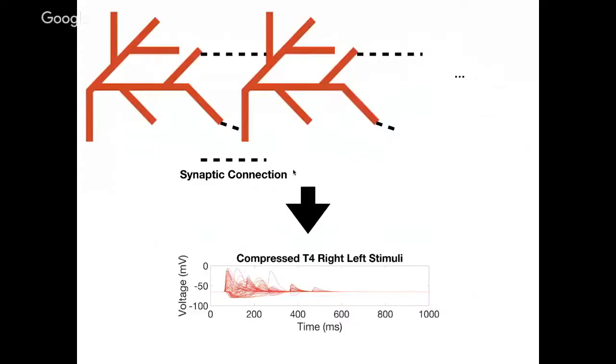As you see, when I first introduce the stimuli, the neurons fluctuate rapidly in membrane potential, but then they slowly die off. And so now we have that model.